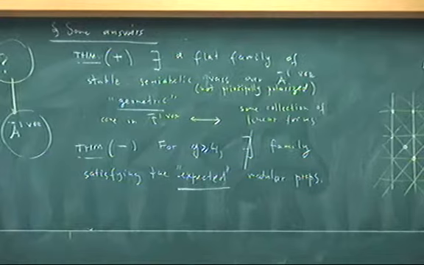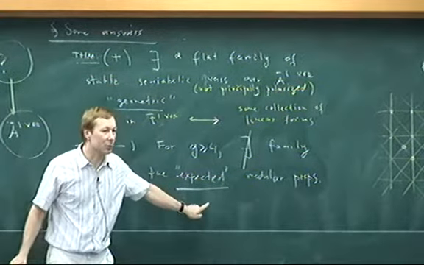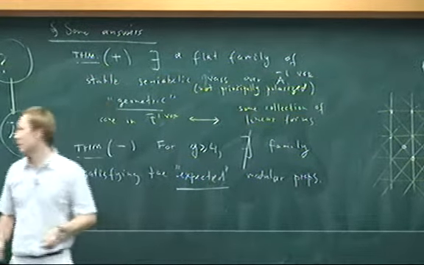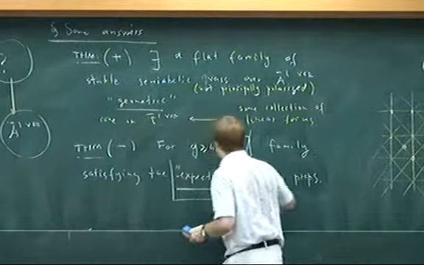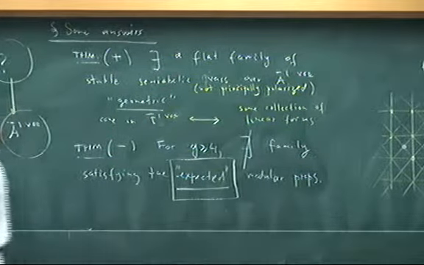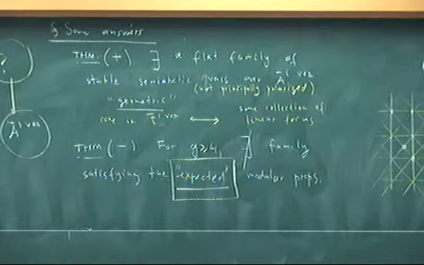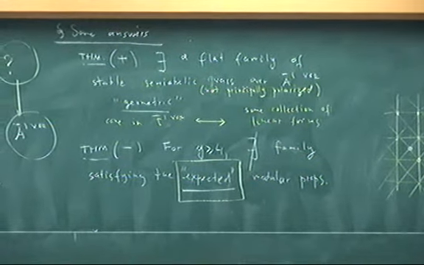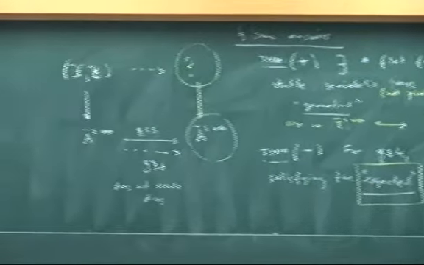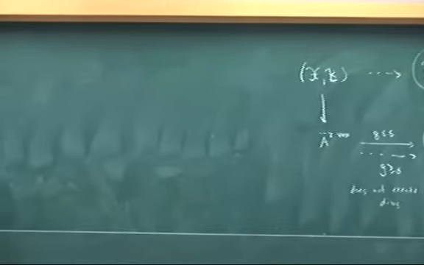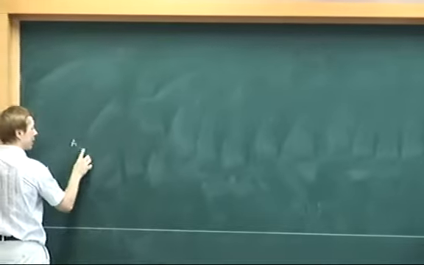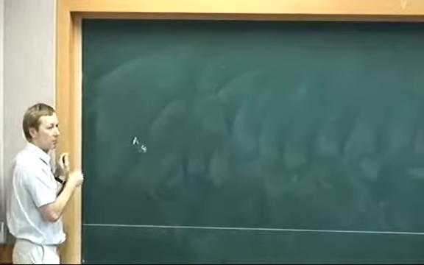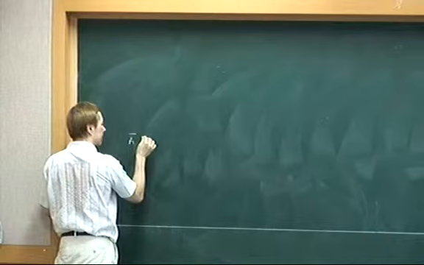Okay, so now what are the expected modular properties? What fails here? Here's what I would expect. There is A_g. Now I will just look at the case 4 because this is where it already fails.